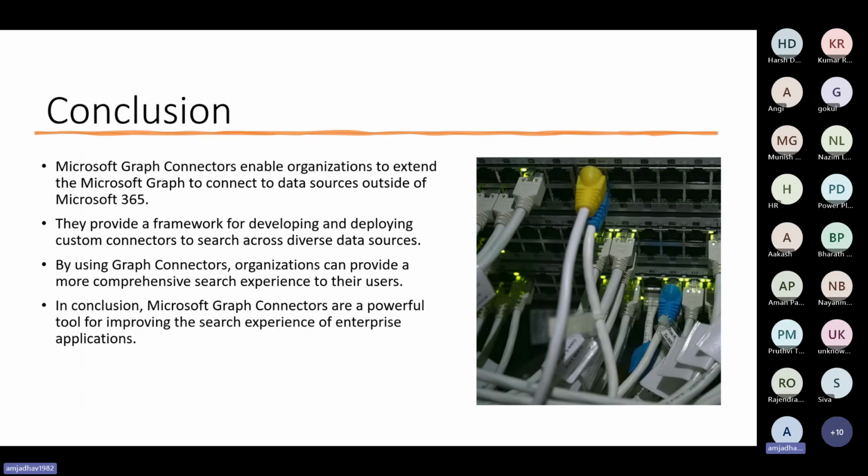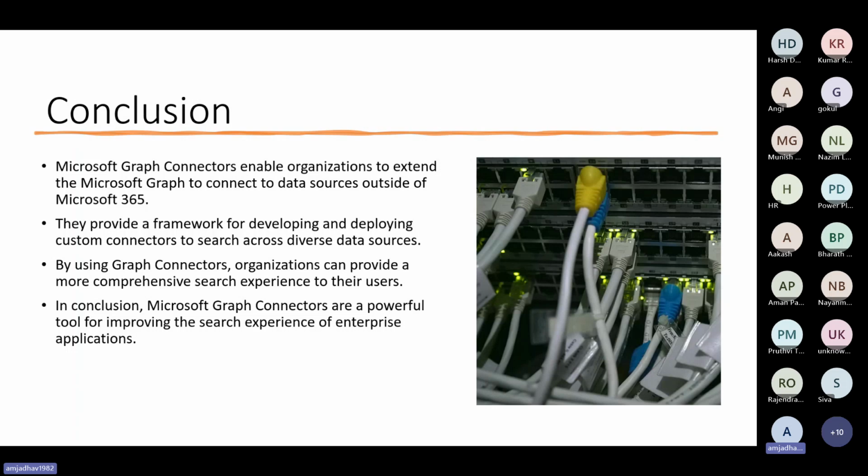So to conclude, Microsoft Graph Connectors enable you to extend the Microsoft Graph and connect to different sources. Microsoft Graph Connectors are the linchpin in unlocking the full potential of Microsoft 365 Copilot. They offer seamless and intelligent experiences that elevate productivity to new heights.